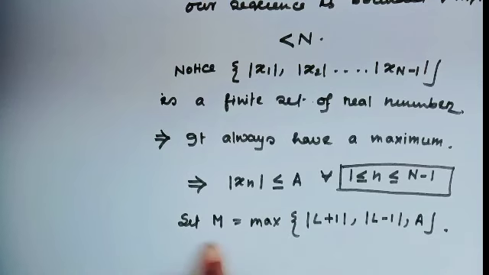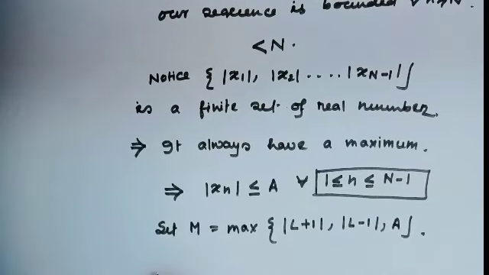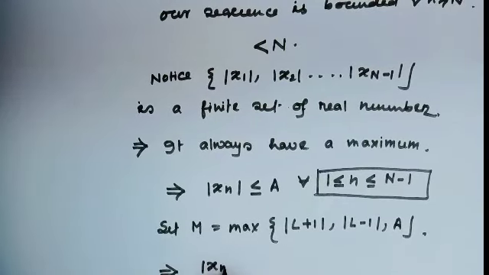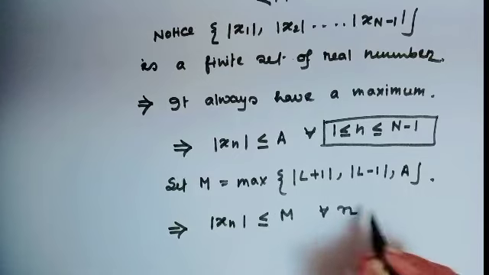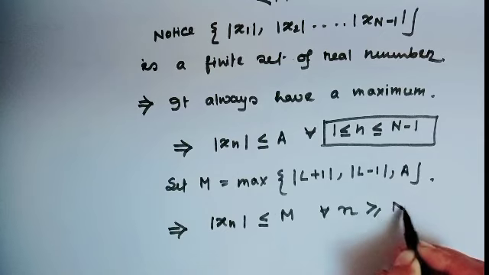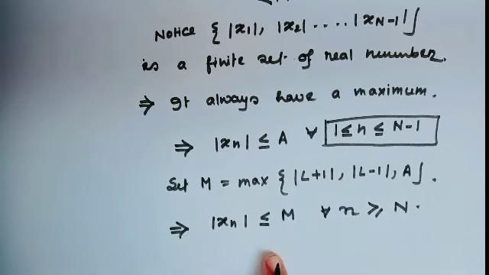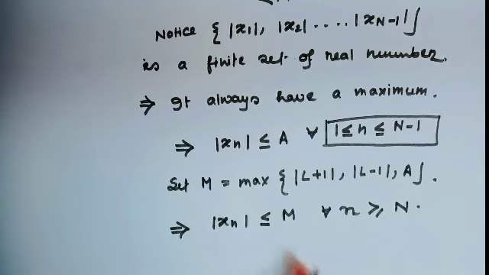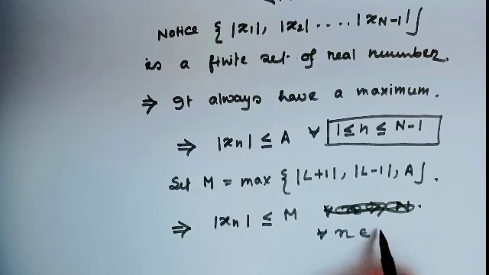From this relation we can write modulus of xn less than or equal to capital M for all n greater than or equal to capital N, and from this relation we get it for all n belongs to natural number.